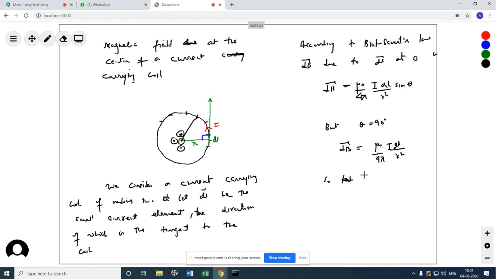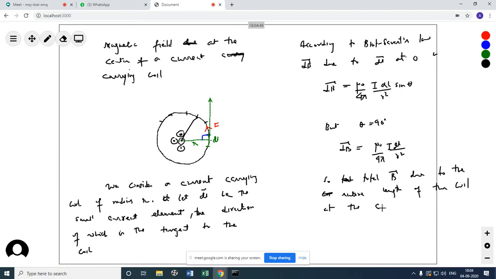But here how much is the angle? The angle between r vector and dl vector is 90. So theta equals 90. That means I get here dB is equal to mu naught by 4 pi I dl by r square.